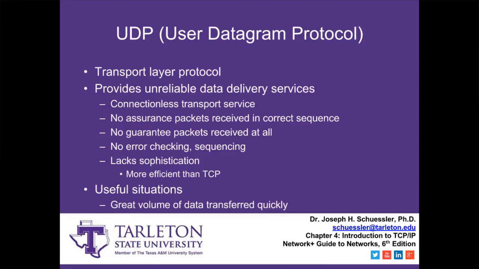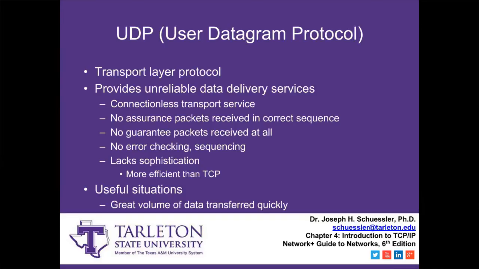Now, TCP is not the only protocol that can be used at the transport layer. UDP is another common protocol that's used at the transport layer. Unlike TCP, which is a connection-oriented protocol, UDP is connectionless. It does not go to the trouble to set up a connection before it starts transmitting.